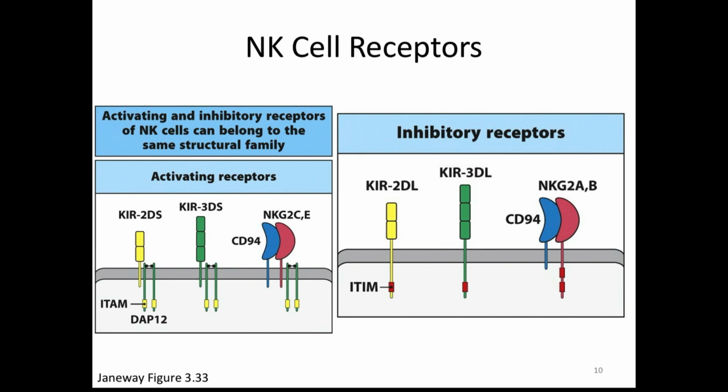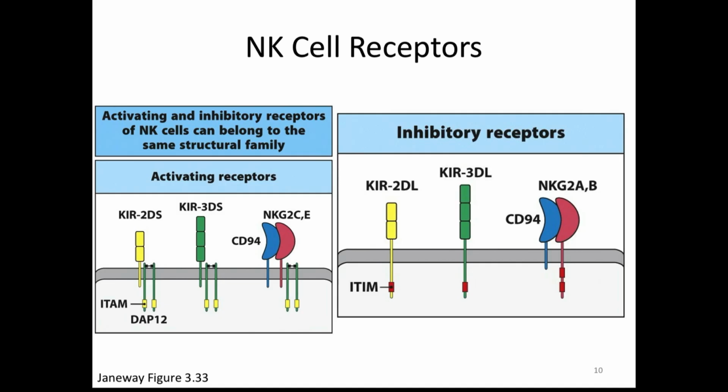When we think about NK cell receptors, we can put them into a couple of different groups. And we can group them in a few different ways. So I can think of lots of ways that people group NK cell receptors. One of them is related to what kind of protein structure we see.